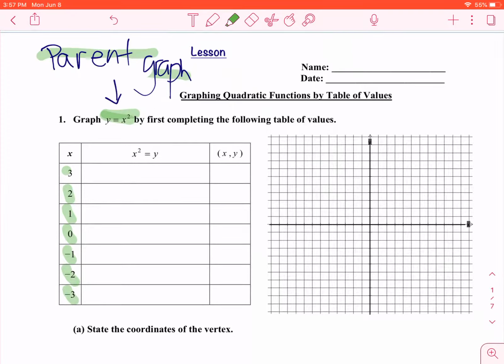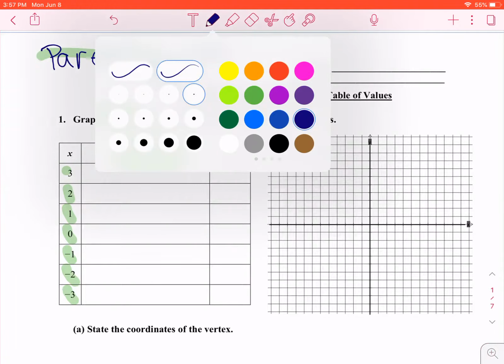This equation in the middle is where we're going to write out our work. All I did was rearrange it, so instead of y equals x squared, it says x squared equals y, so that we can keep track of our x's, squaring them and then pairing that with our y. Okay, so here we go.